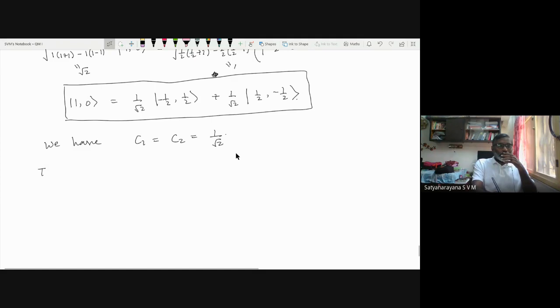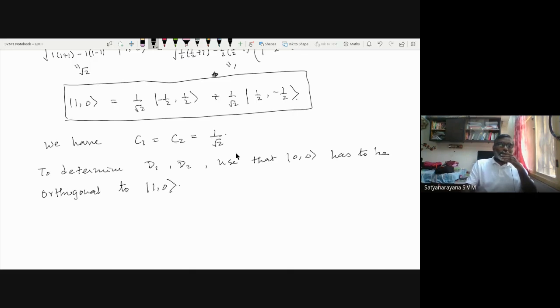Okay, so to determine D1, D2, use that this 0, 0 has to be orthogonal to 1, 0.